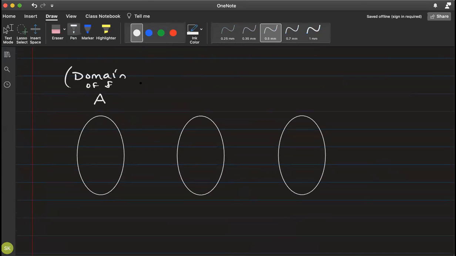And let's call this set B. And let's say you have some items in set A, and you're sending them to items in set B. So we have some function f that maps these items to these. Let's say this is 1, 2, 3, 4, 5, something like that. You could say 1 goes to whatever you want to call this one. You can call it 0, -3, something like that.